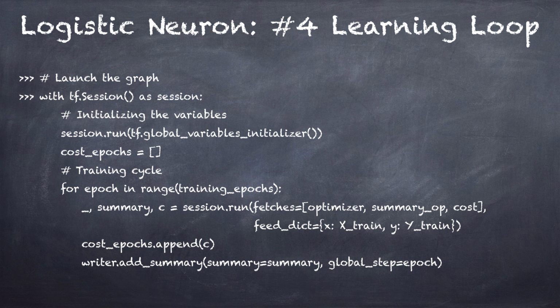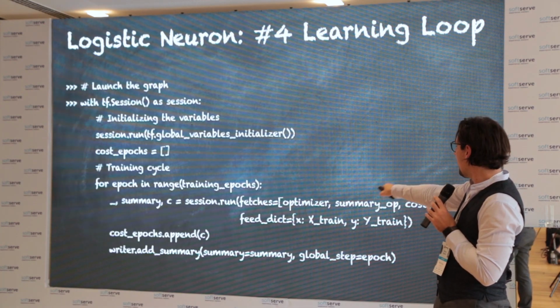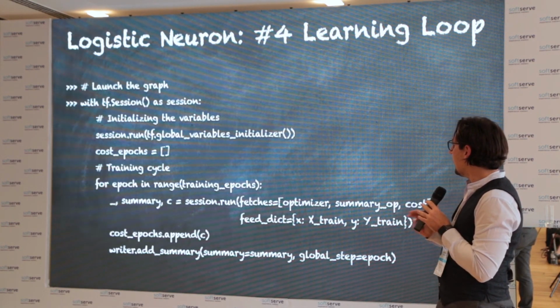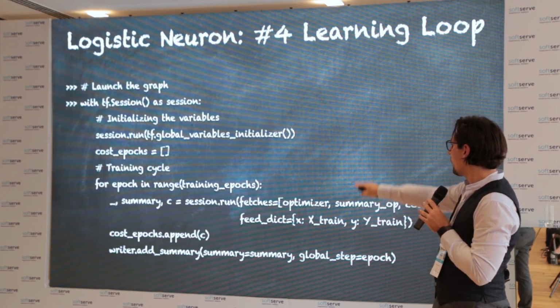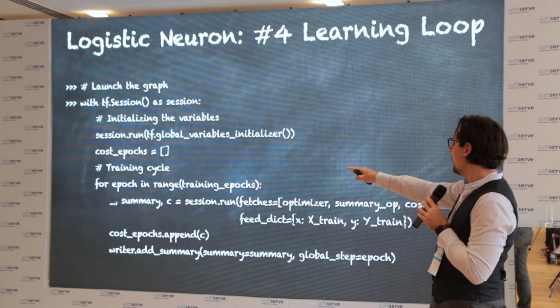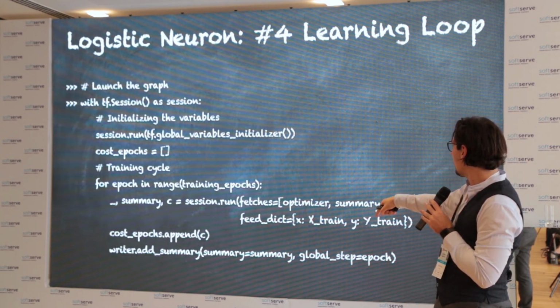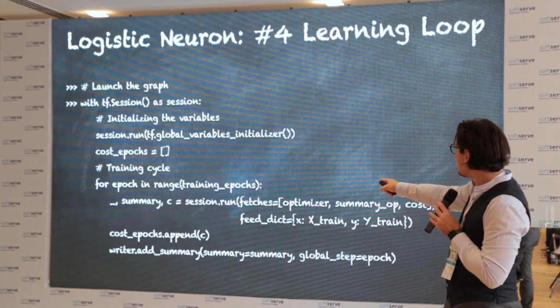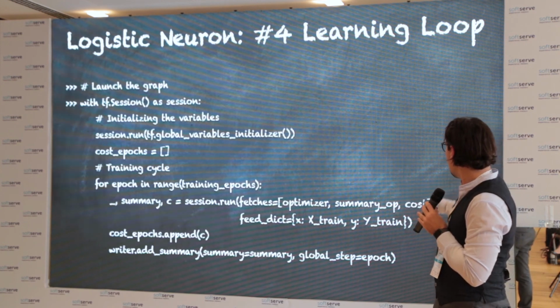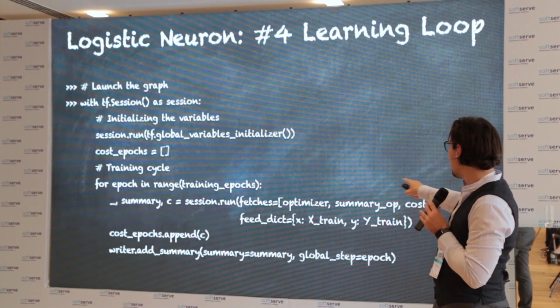So we create a new session, we run it, and we implement the main loop for the learning process. We repeat this operation for all the training epochs we want, and during each epoch, we feed the optimizer, the cost function, and the actual data.